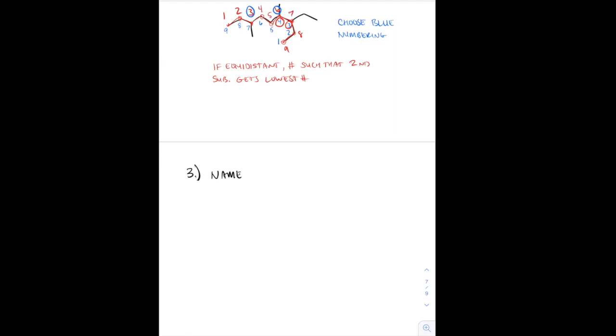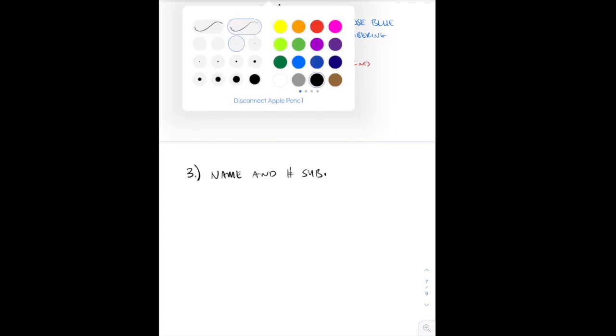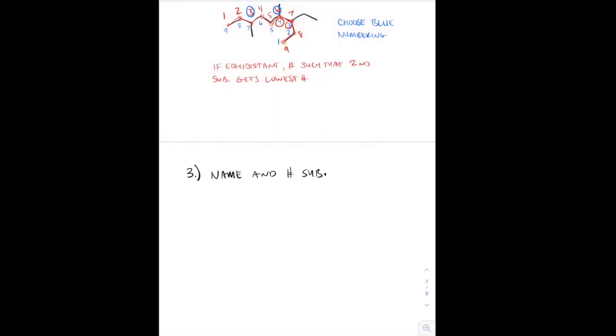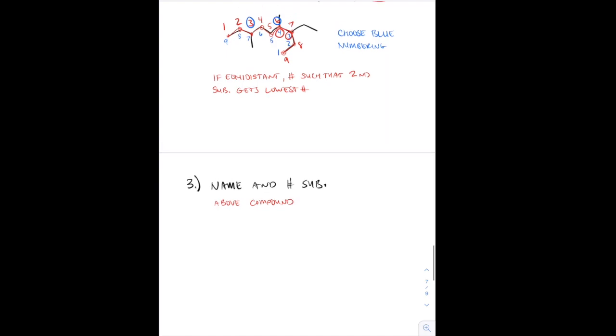Anytime you have vocabulary or anything like that, it's always good to do flashcards, I think. So name and number substituent. Okay, and we want to do that. Let's do that for the above compound, just so you're clear on what we're numbering or naming.